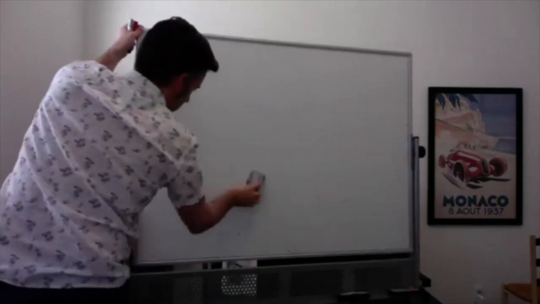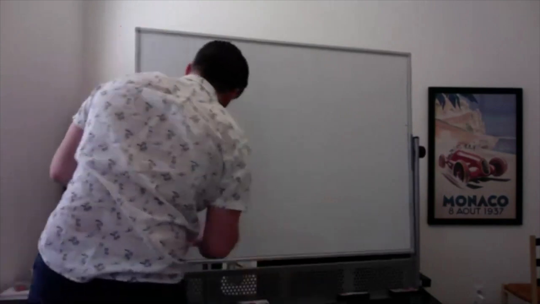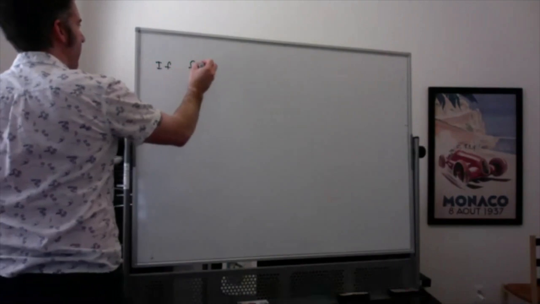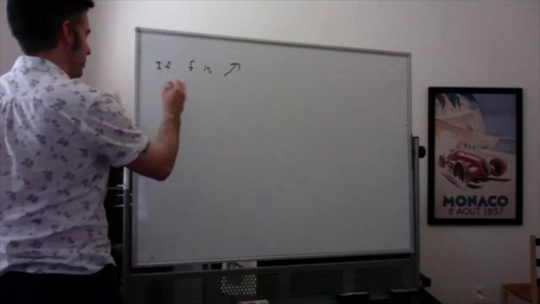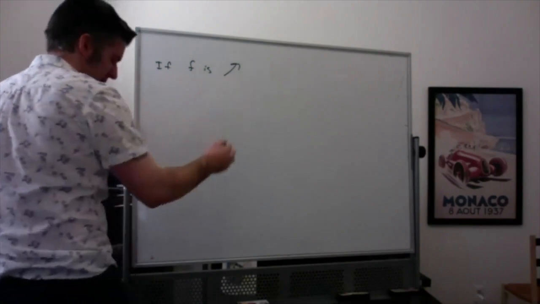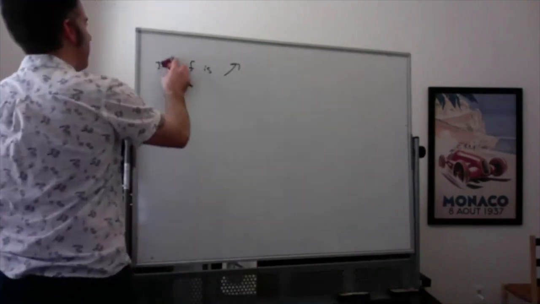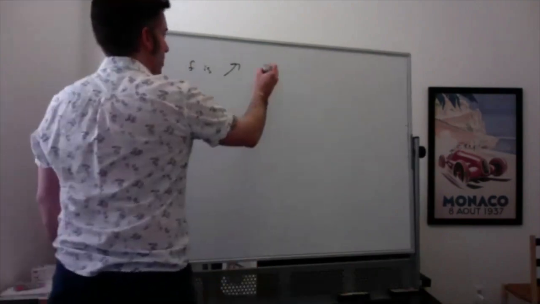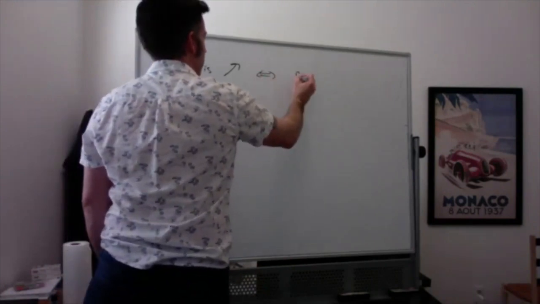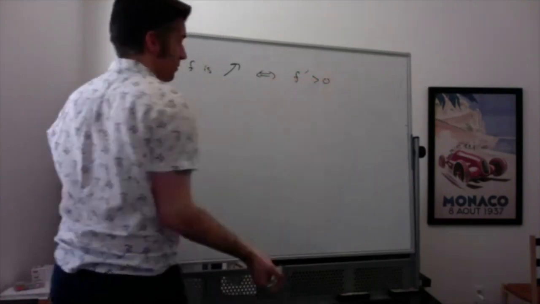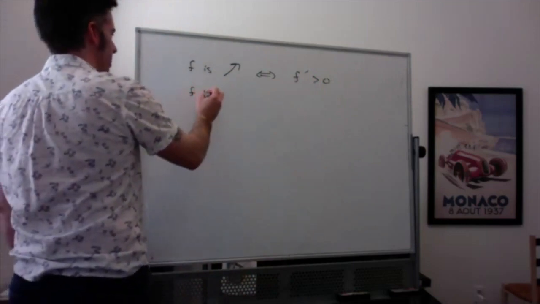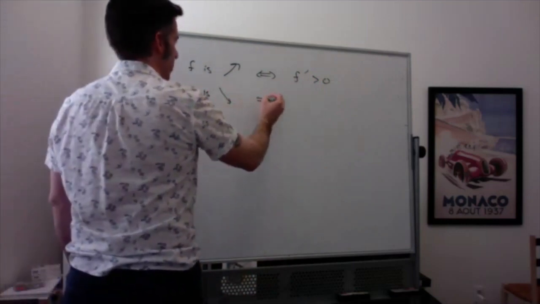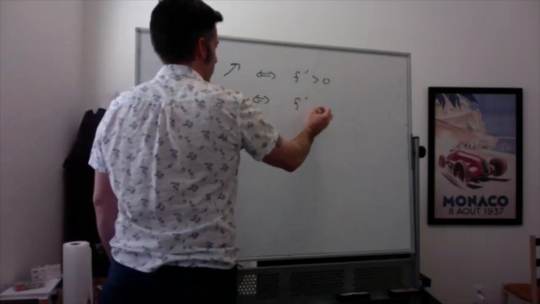Okay, so here's what I want you guys to see. We know that if f is increasing, that's equivalent to the derivative being positive. And similarly, f being decreasing is equivalent to the derivative being negative.